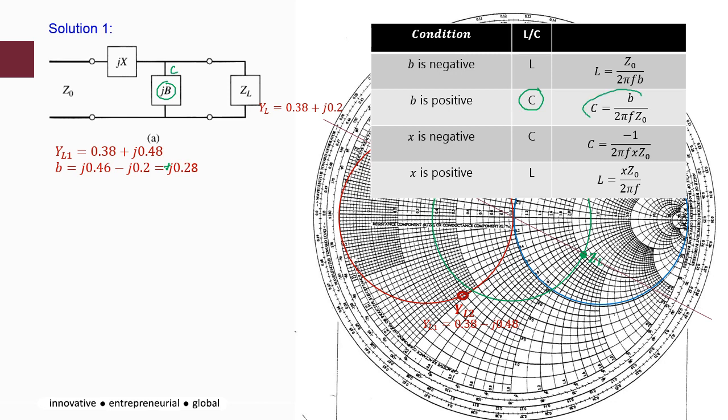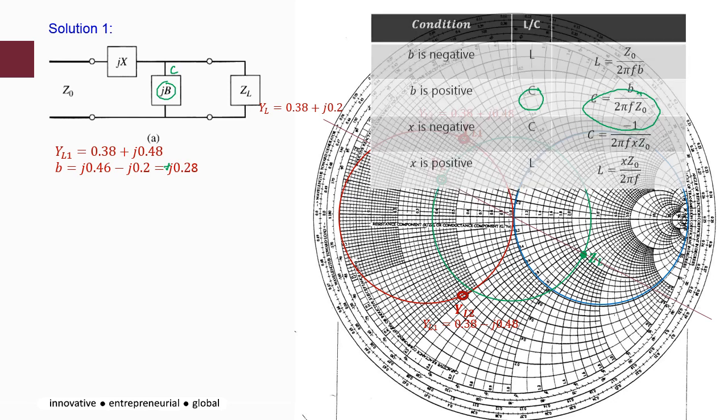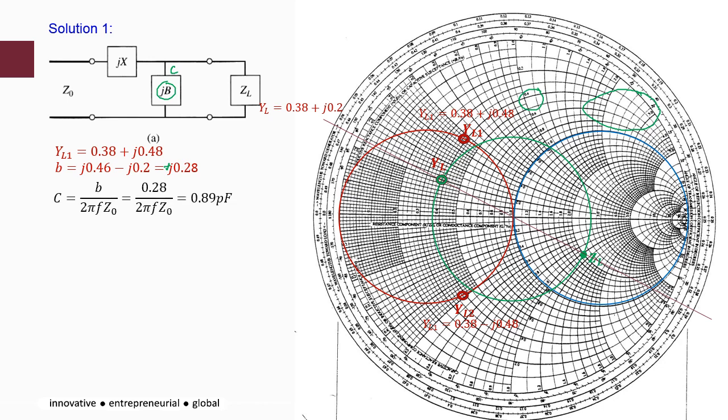You'll be using this equation. B is positive 0.28, Z0 is 100, f is 500 megahertz. So we get the capacitance value, which in this case for this position is 0.89 picofarad.